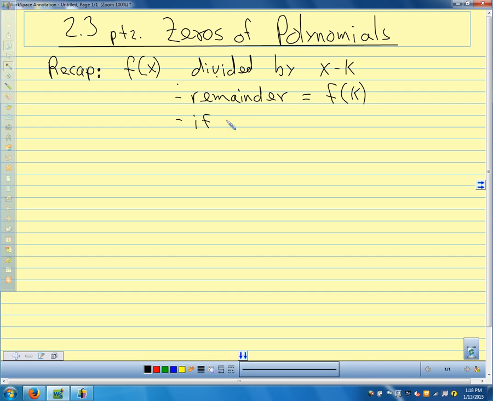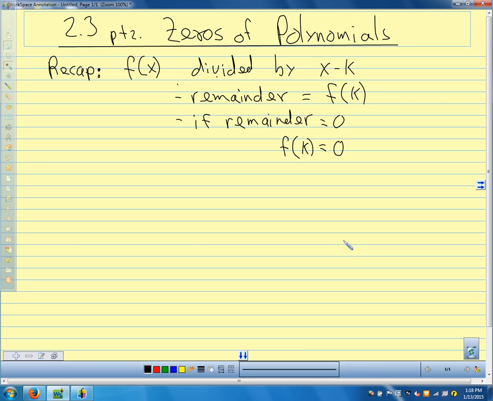If the remainder is 0, what does that tell us? f of k equals what? 0. If the remainder equals 0, f of k equals 0.